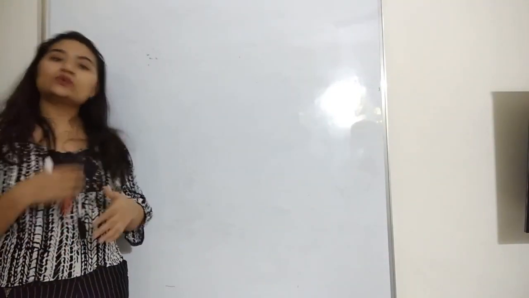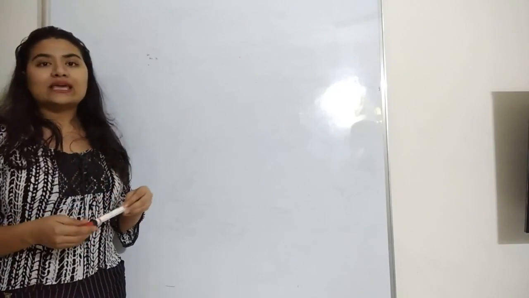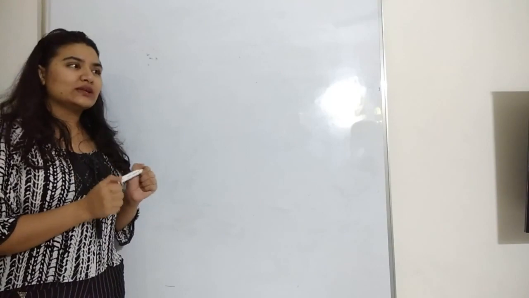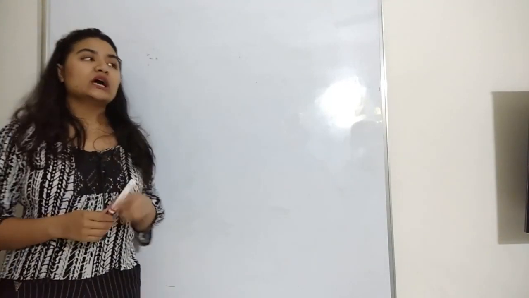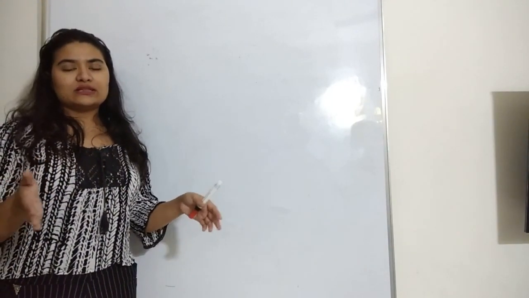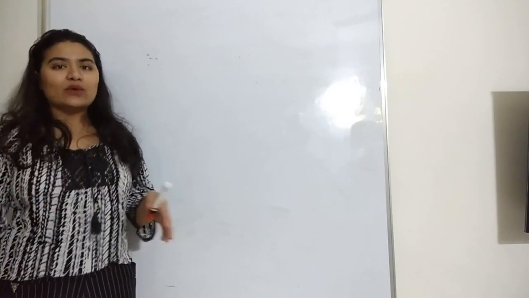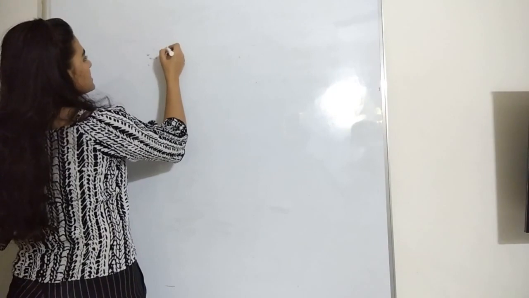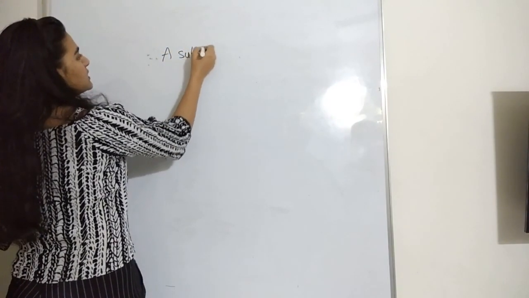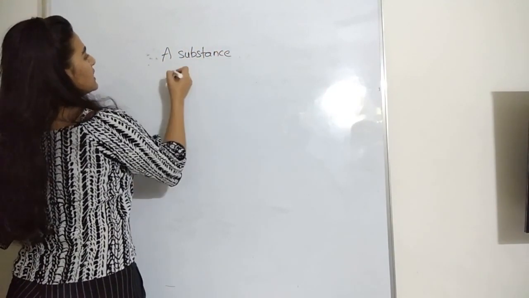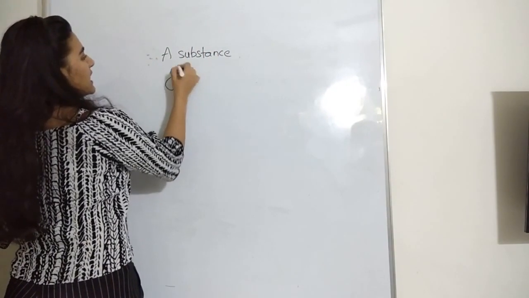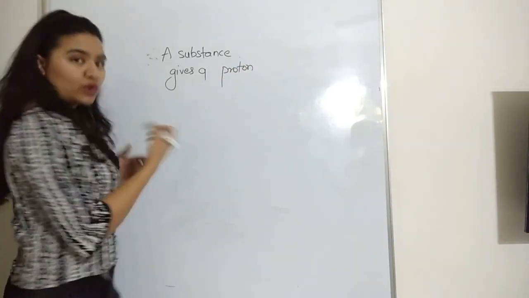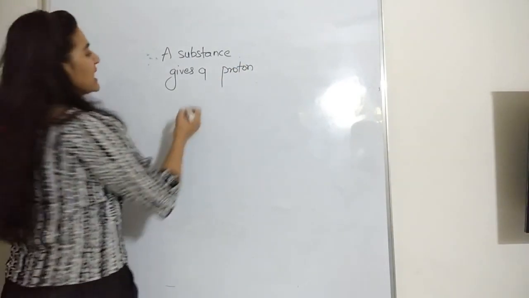Now there were two other scientists, one named Johannes Nicolaus Brønsted and the other one was Thomas Lowry. Together their names are written as Brønsted-Lowry, and they gave a definition that when a substance gives a proton or donates a proton, it is said to be an acid.